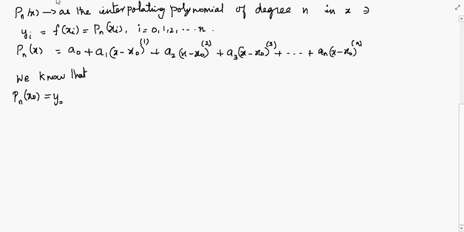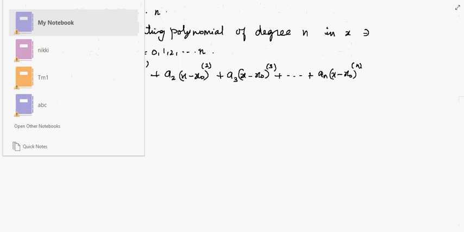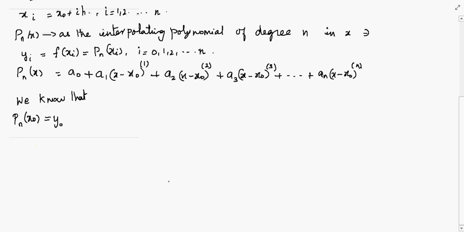Now substituting x equal to x naught in equation star, we get Pn of x naught on the left hand side, which is equal to a naught, because all the other terms have x minus x naught, and once you substitute x equal to x naught, we get x naught minus x naught, so all the terms will be 0.